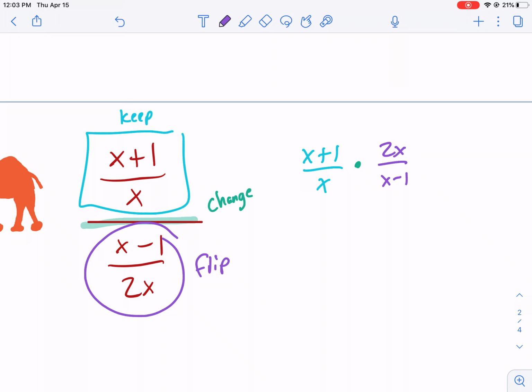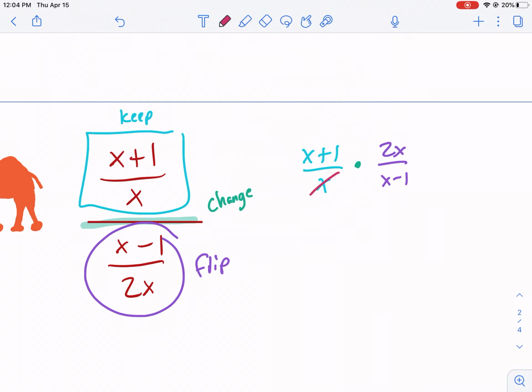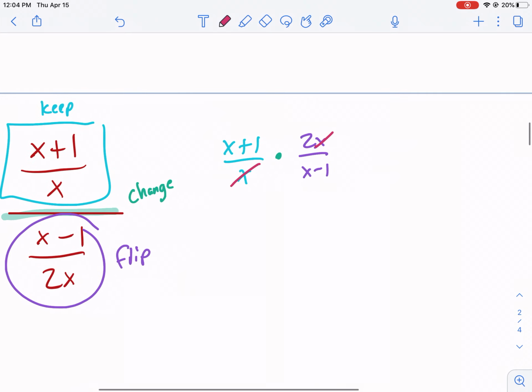Now from here, we can cross cancel. You wouldn't be wrong in multiplying top times top, bottom times bottom, and then simplifying from there. But if you can, go ahead and simplify before you multiply. So let's cross cancel the x in the denominator with the x in the numerator, and that's it. There's nothing else that matches.